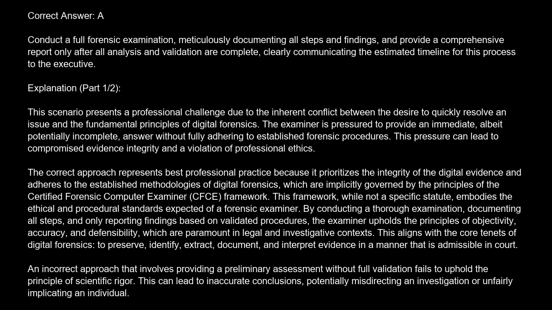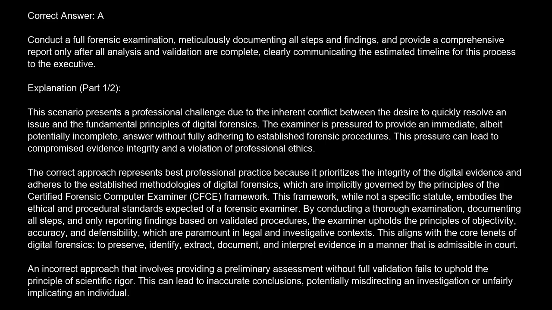The correct approach represents best professional practice because it prioritizes the integrity of the digital evidence and adheres to the established methodologies of digital forensics, which are implicitly governed by the principles of the Certified Forensic Computer Examiner (CFCE) framework. This framework, while not a specific statute, embodies the ethical and procedural standards expected of a forensic examiner.